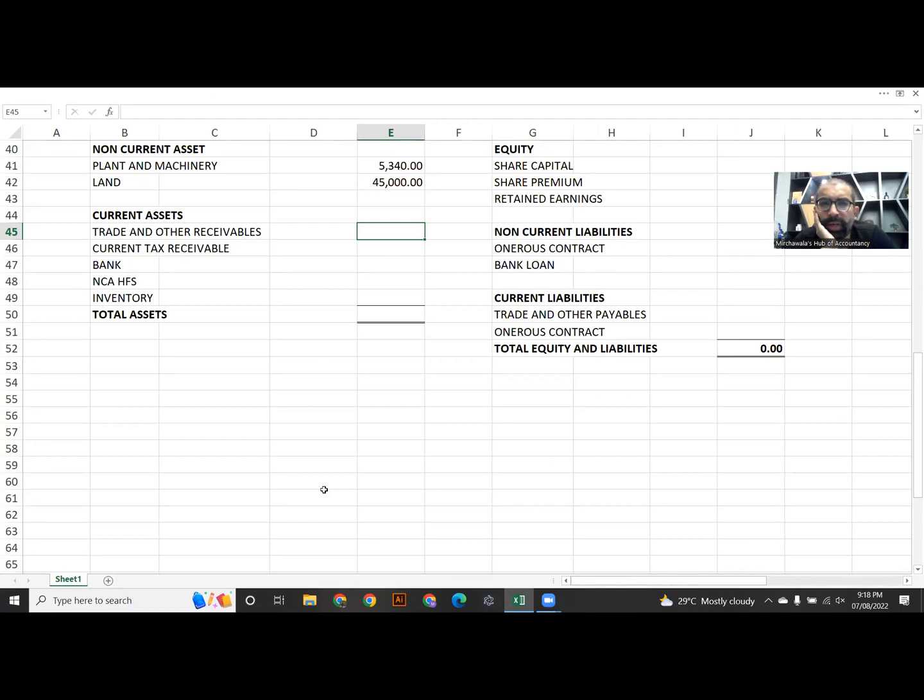Just think, use your brain. Have we done any adjustment for trade and other receivables? Tell me. How much is the trade and other receivable? It's 25010.